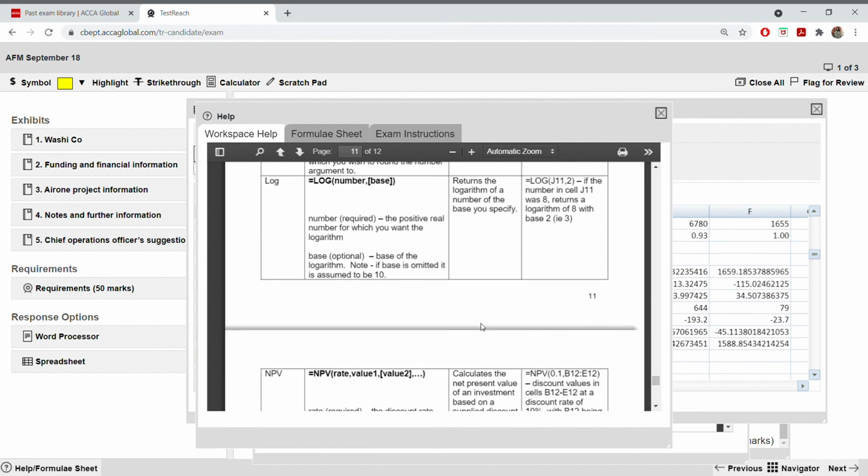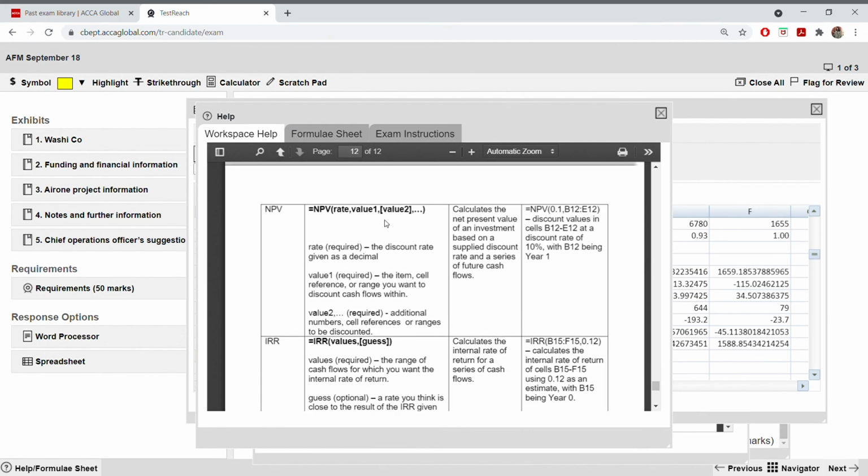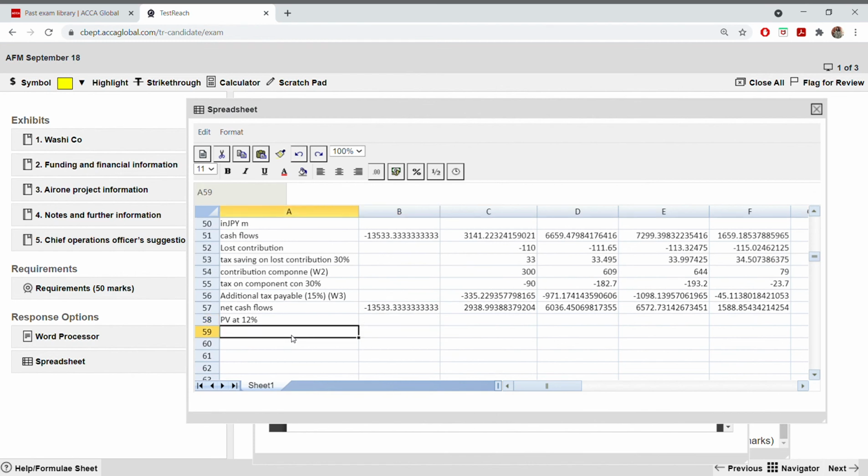Okay, so simply if you want the net present value, it is there. Okay, the rate. When you want to find the net present value directly, what you can do is write it here, equal to the rate, 0.12, first the discount rate.